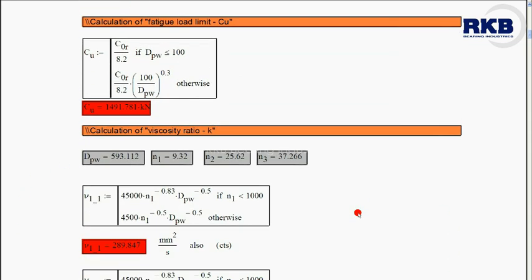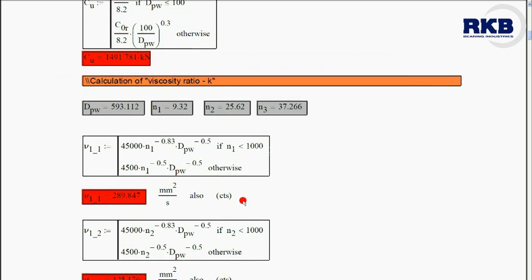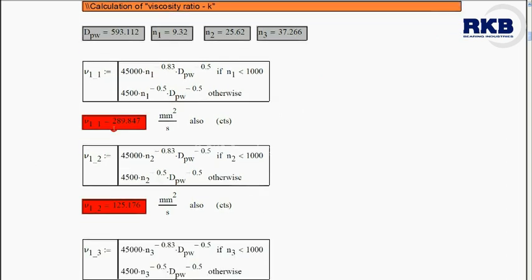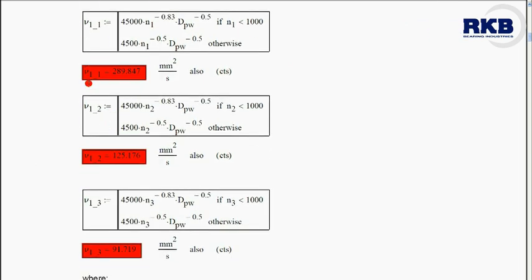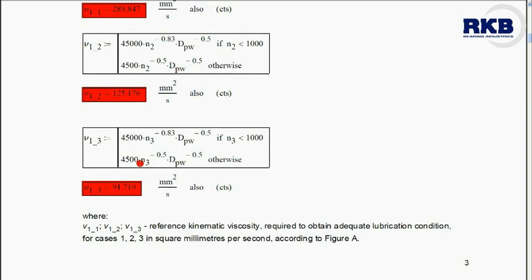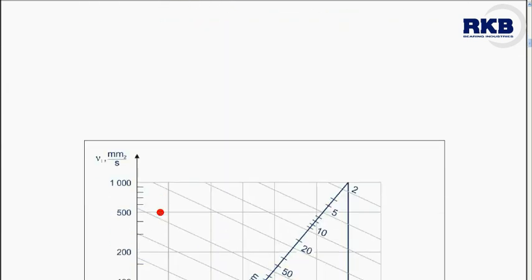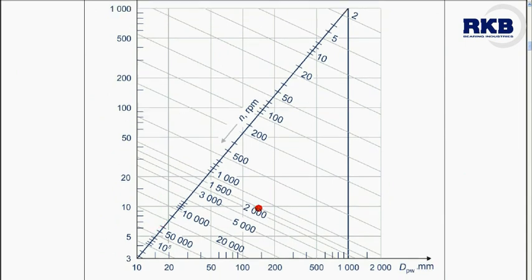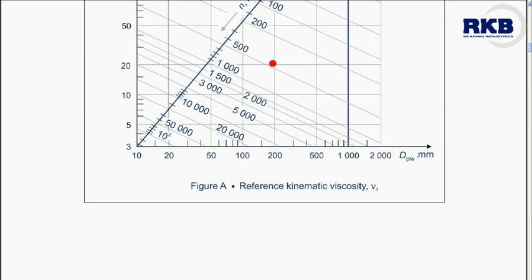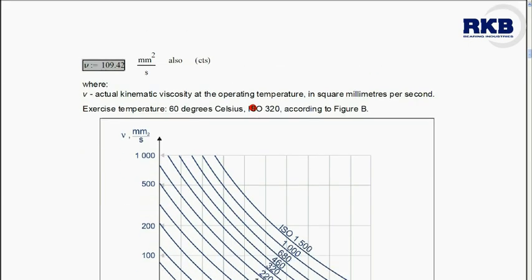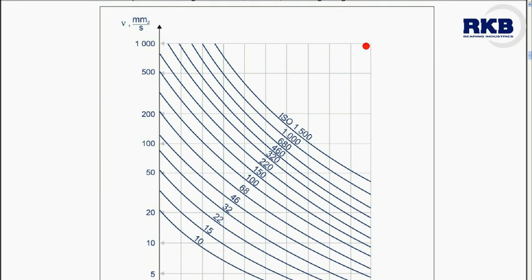The reference kinematic viscosity required to obtain adequate hydrodynamic lubrication conditions is calculated for each of the 3 cases, its value depending on the rotational speed of the bearing. The reference kinematic viscosity diagram is presented in Figure A. The viscosity ratio, K, is an indicator of the quality of the lubricant film formation.